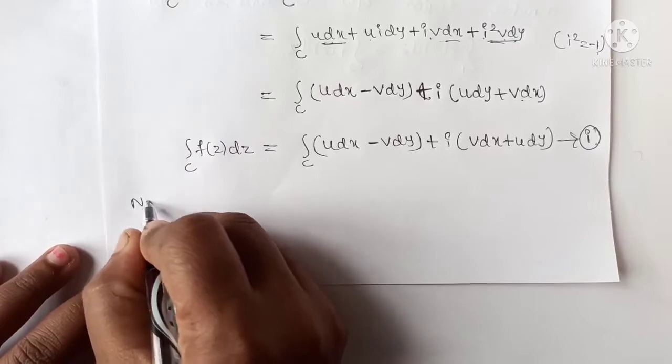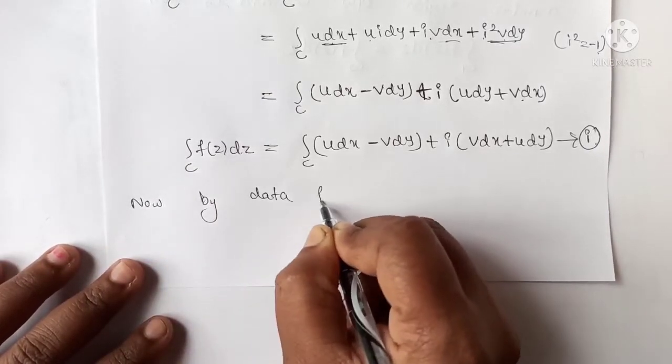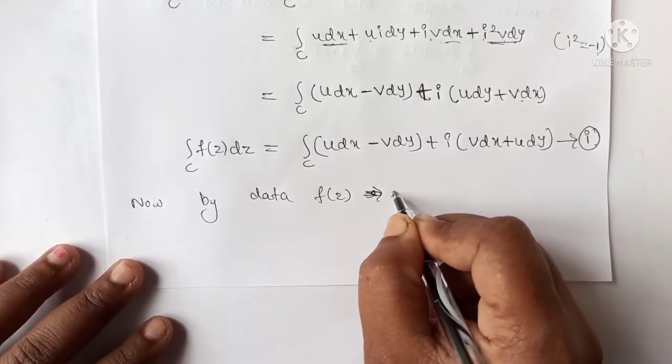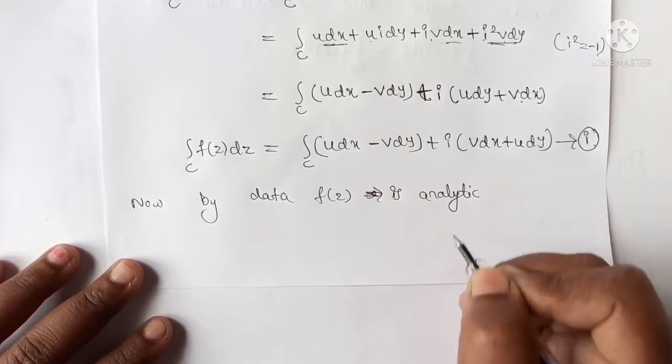Now by the data, f of z is analytic, so it implies that its derivative exists.